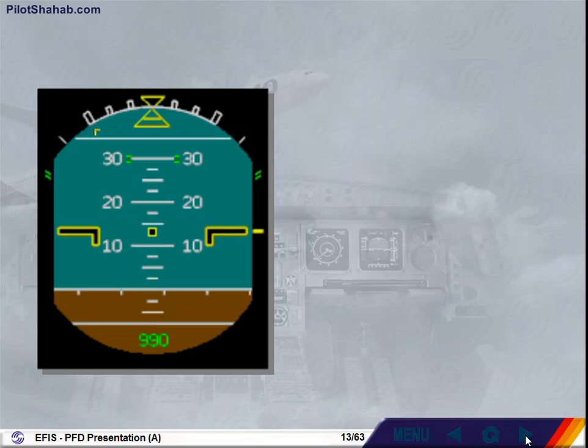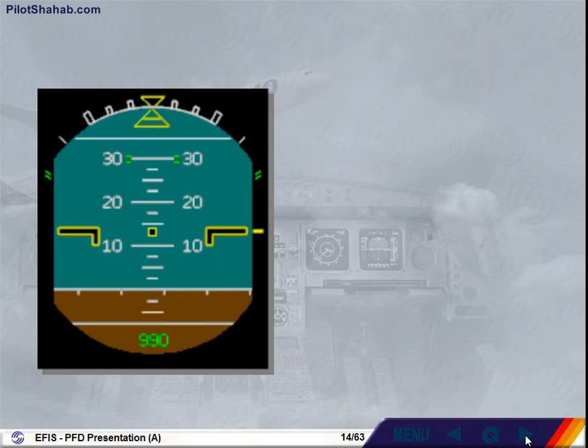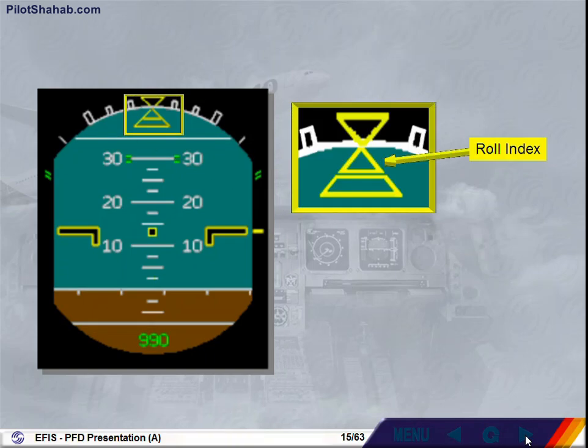There is a graduated scale for pitch angle above and below the horizon. Bank angle is displayed at the top of the indicator. Each graduation represents 10 degrees angle of bank. The roll index triangle moves against a fixed scale to show the angle of bank.